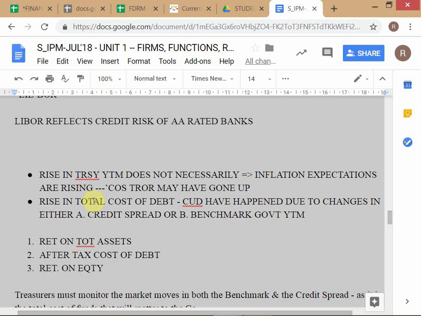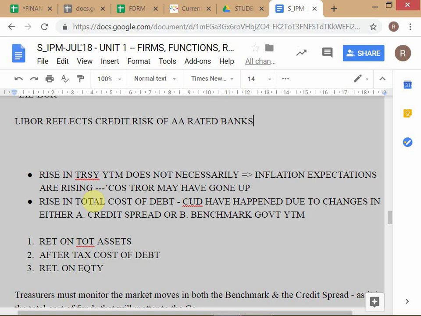Is everyone convinced? Arihant is not convinced. Who is saying lower than LIBOR? Giri, why should it be lower than LIBOR?